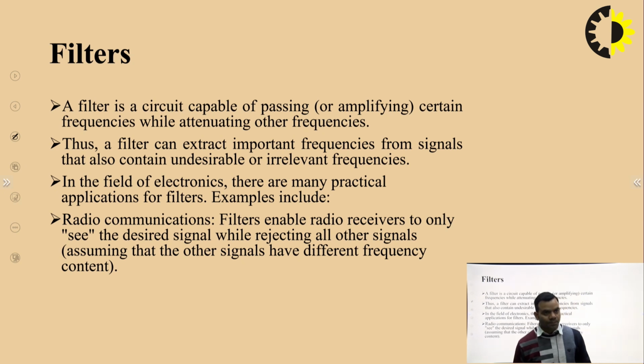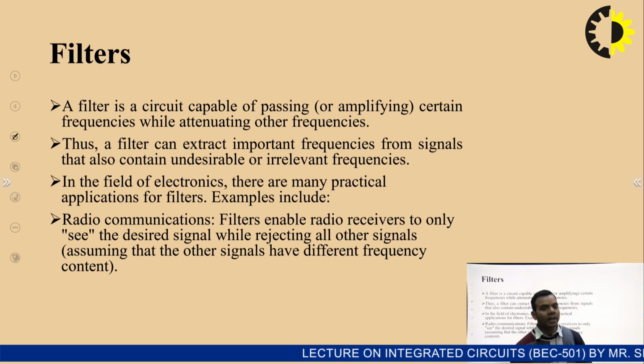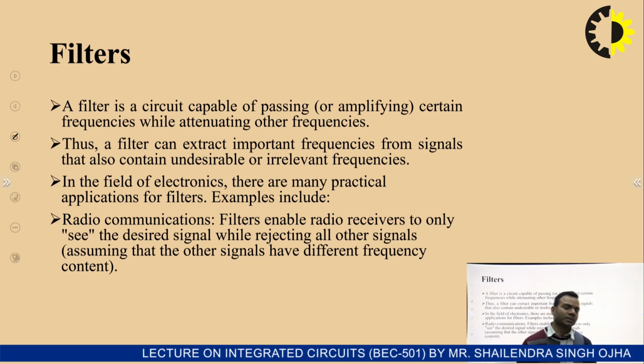No. The reality is attenuation increases or decreases. When attenuation is very high, we can say that it has stopped the frequencies. If attenuation is very less, then we say that it passes the frequencies.